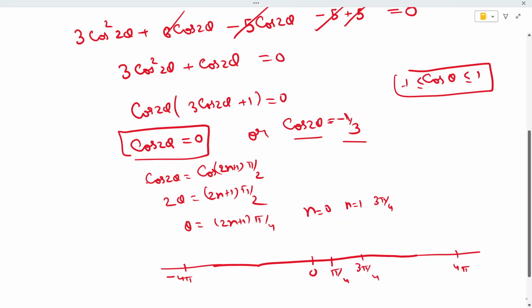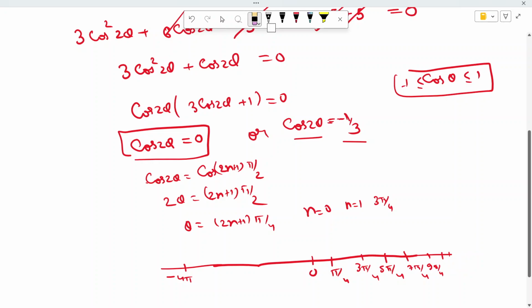When you put 2, you get 5 pi by 4. When you put 3, you get 7 pi by 4, then 9 pi by 4, 11 pi by 4, 13 pi by 4. Sorry, let me extend the number line first, so it will be more clear to you.